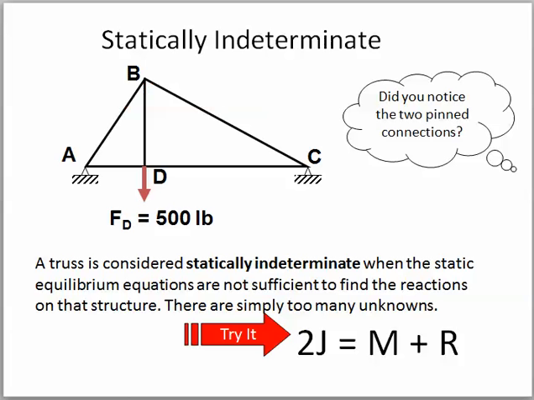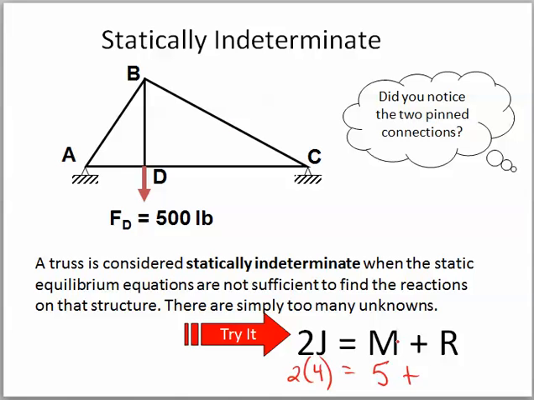As we look at this one, we don't have two joints. We have one, two, three, four joints, so we have 2 times 4 equals the members. So we have 1, 2, 3, 4, 5 members.